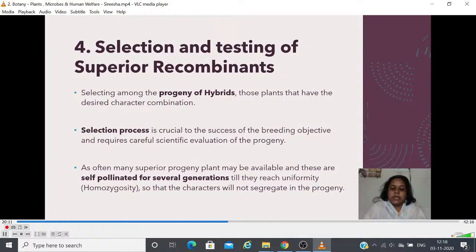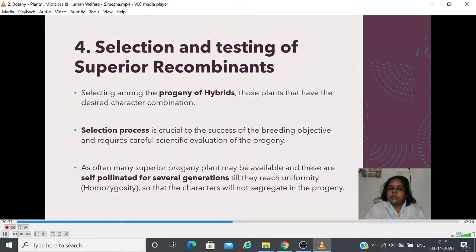And next, as often many superior progeny plants may be available, these are self-pollinated for several generations till they reach uniformity, that is homozygosity, so that the characters will not segregate in the progeny. So the plants with the desired qualities which we get after the cross hybridization are self-pollinated. Why self-pollinated?